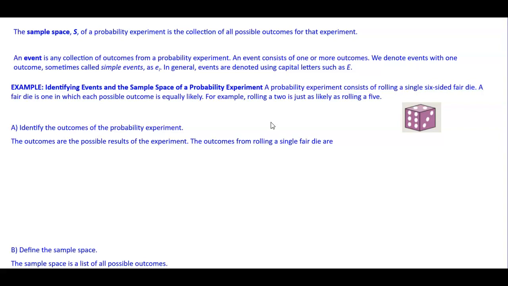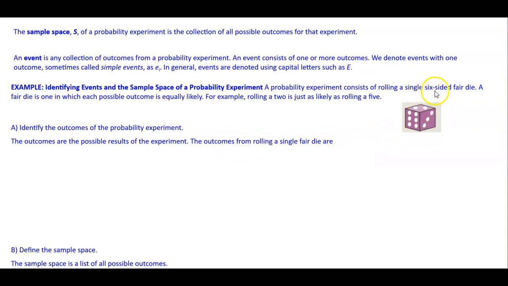So, for example, rolling a 2 is just as likely as rolling a 5. We're going to answer the following questions. Identify the outcomes of the probability experiment. The outcomes are the possible results of the experiment. The outcomes from rolling a single fair die are the following.